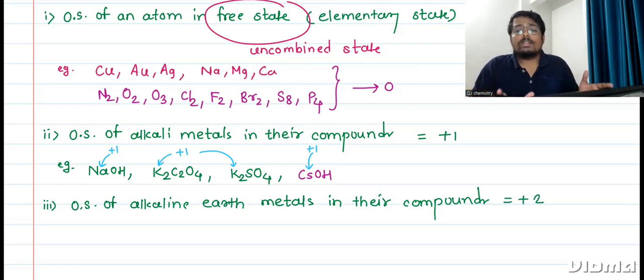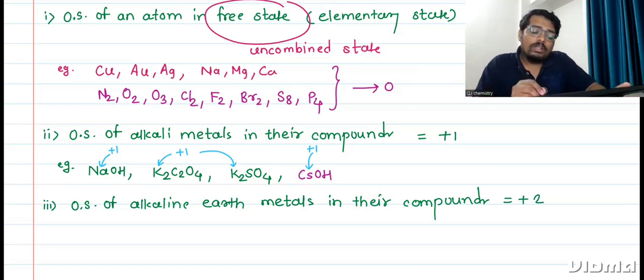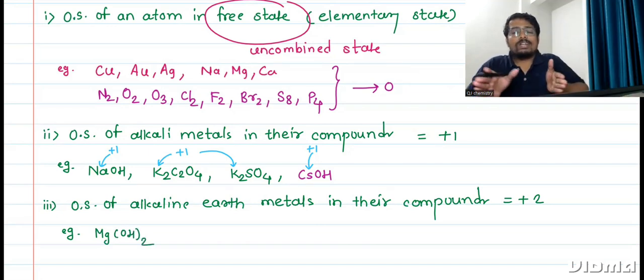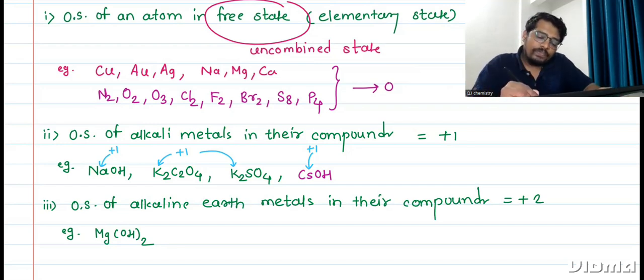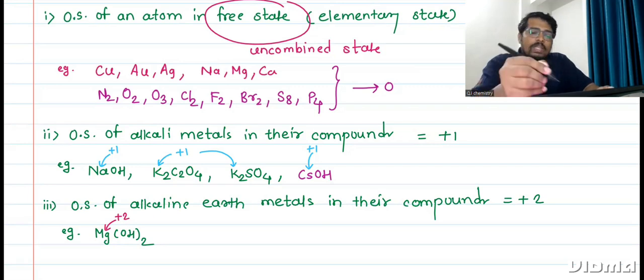For example, magnesium hydroxide. Magnesium is an alkaline earth metal, and in magnesium hydroxide the oxidation state of magnesium is plus 2.